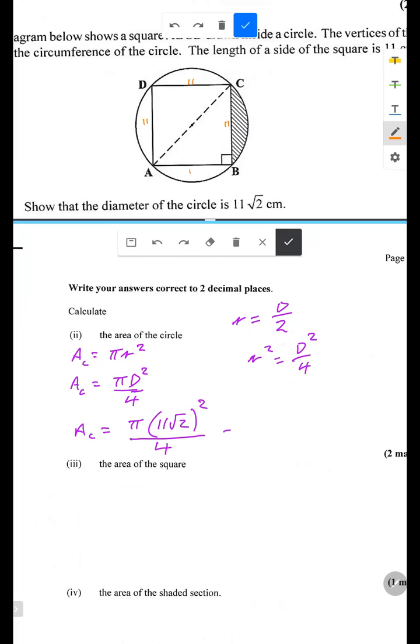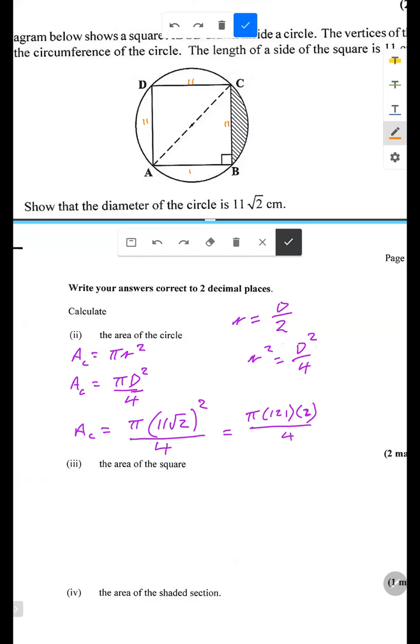You put that in the calculator. It becomes pi times 121 times 2 divided by 4, because 11 squared is 121 and the square root of 2 squared is 2. So use the pi on the calculator.